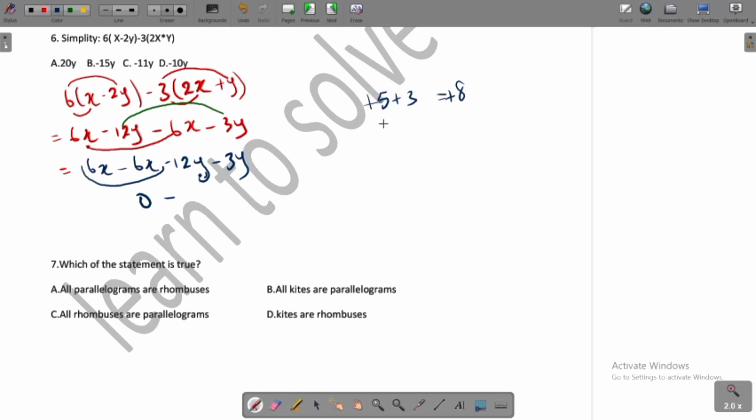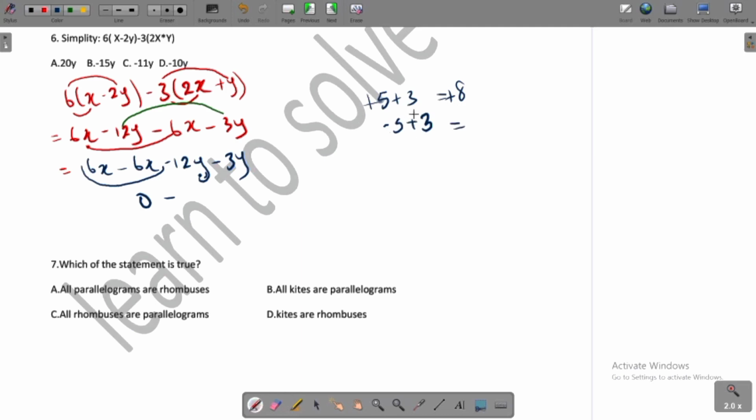Now, but if you are adding a negative number and a positive number, you need to consider what you have. If the greater number, the big one, has the negative sign, that is the minus sign, then your answer will be a negative value.